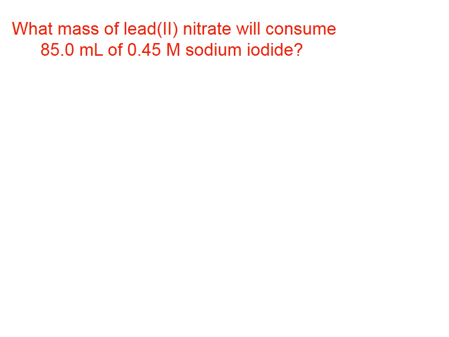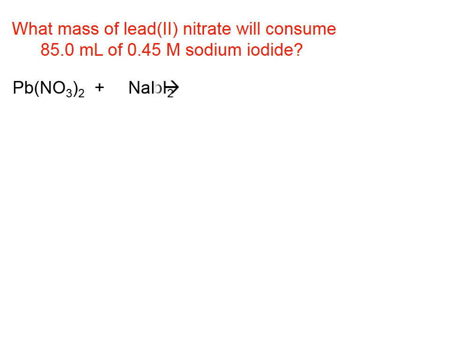Let's try another one. What mass of lead 2 nitrate will consume 85.0 milliliters of 0.45 molar sodium iodide? We should recognize this as a double replacement reaction, where the ions switch partners.